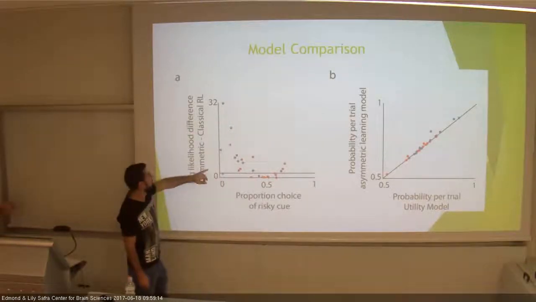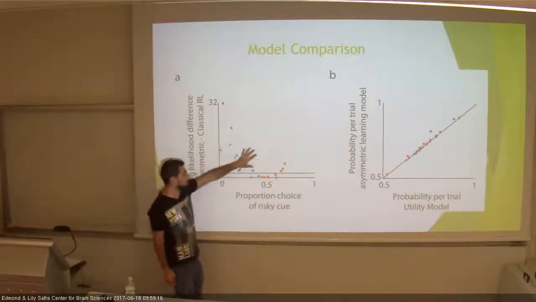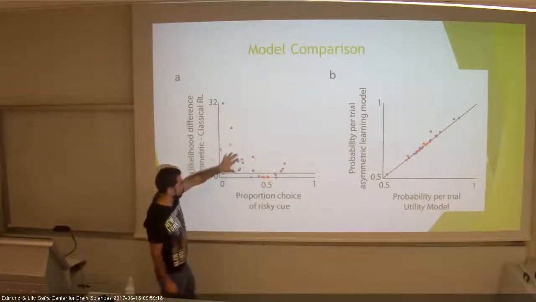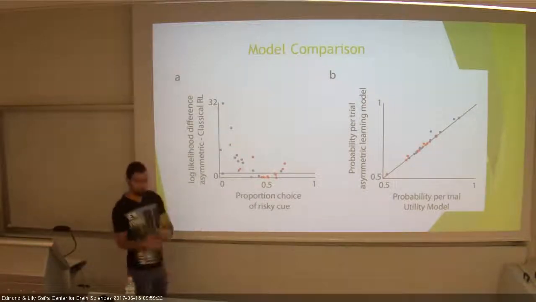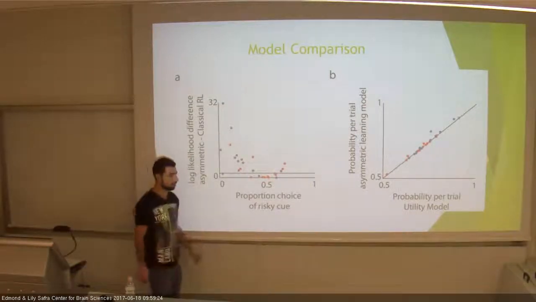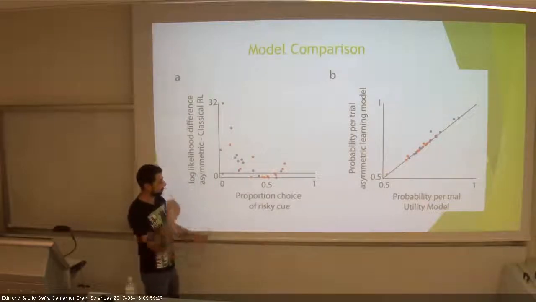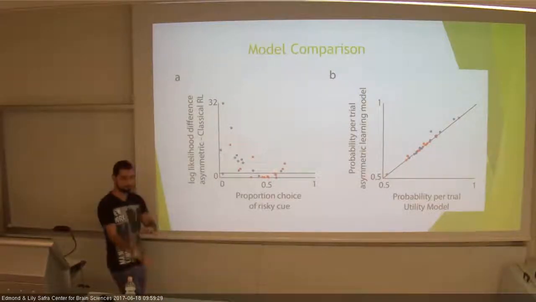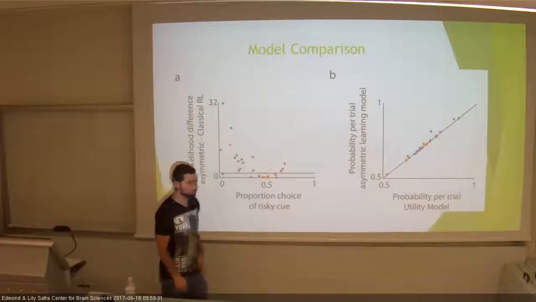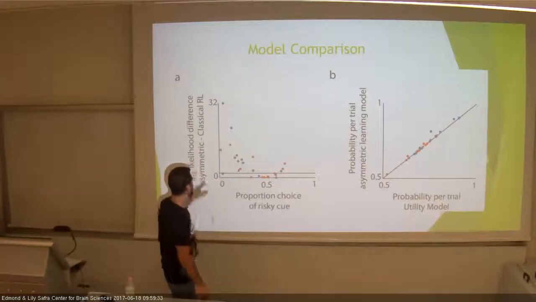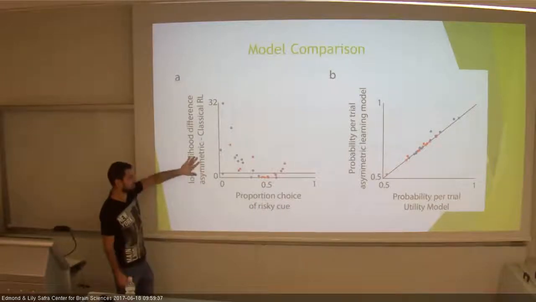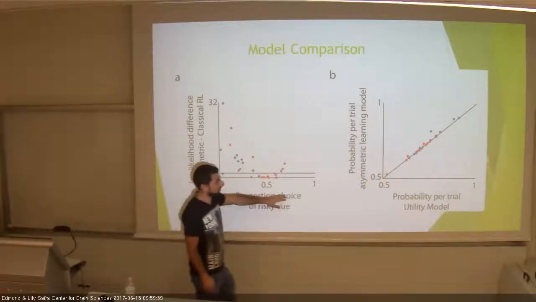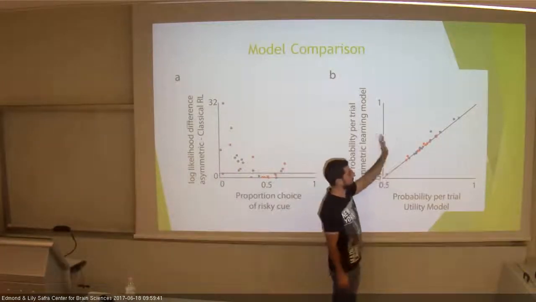Each point is a subject they fit the parameters to, and because they have different numbers of parameters, we can't compare them one by one, but they use the likelihood ratio to compare them, and we found that it mostly supported the asymmetric model. And over here it's the same thing above the line.